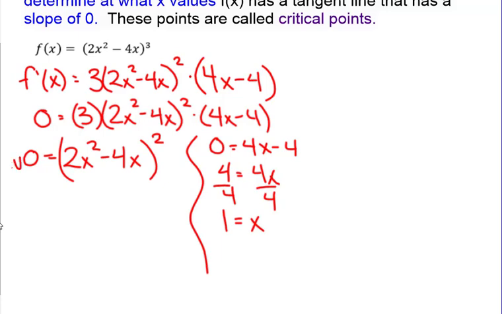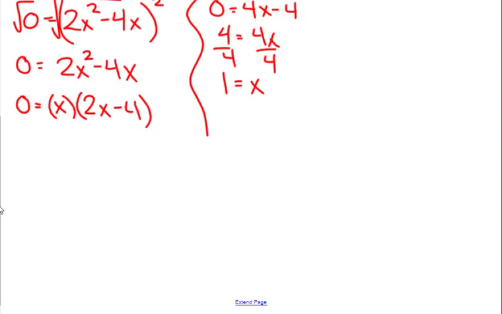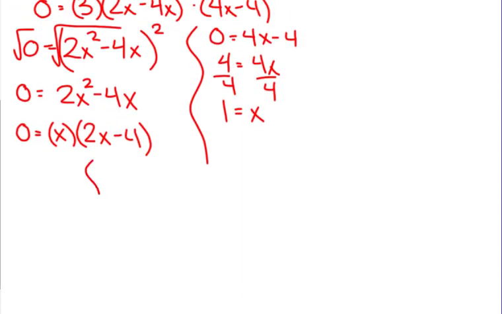On our other side, we are going to take the square root of both sides. So 0 is equal to 2x squared minus 4x. Well, at this point, we want to take out a common factor. I guess I could have also taken out a common factor of 2, but, you know, that's fine. And set each of those pieces equal to 0.